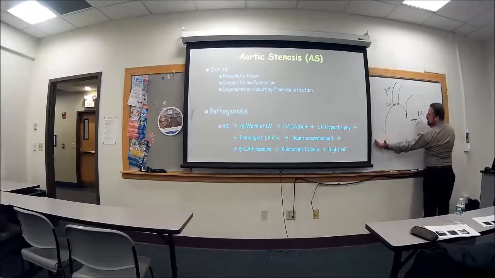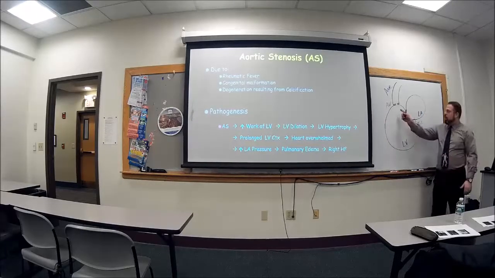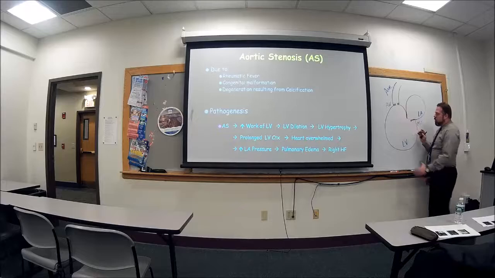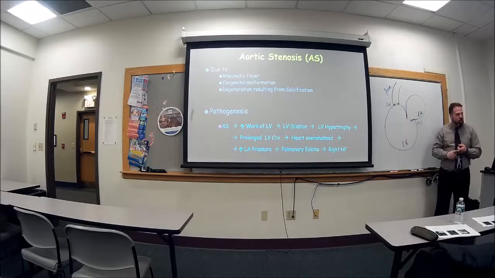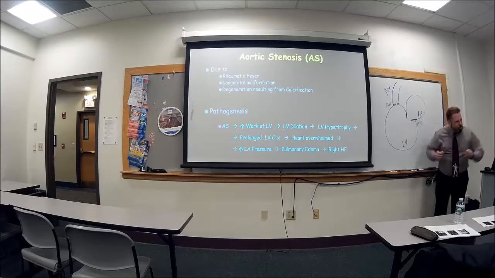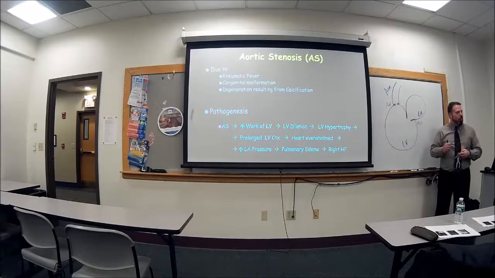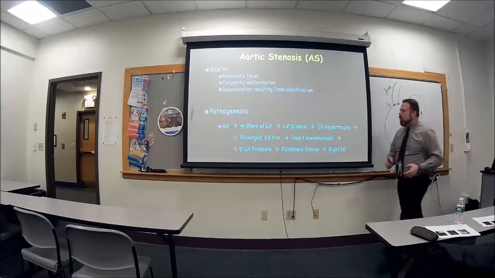Does that make sense? Because it can't get through there. But because the heart is also working hard, you're going to have hypertrophy because it's trying to push through that little pinhole. So you'll have both on there, okay?